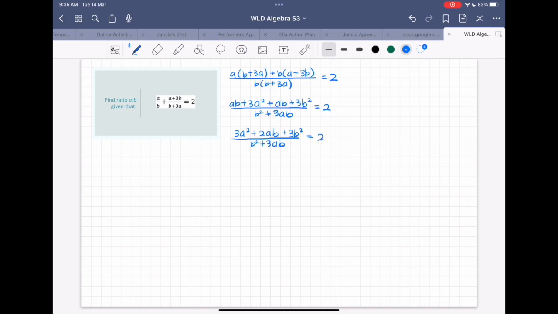So what you should notice here is that we can tidy this equation so that it is not a fraction. Our goal should be to obtain a simplified equation from which we can solve for a and b in terms of each other. So to tidy this, we will multiply 2 by the denominator.